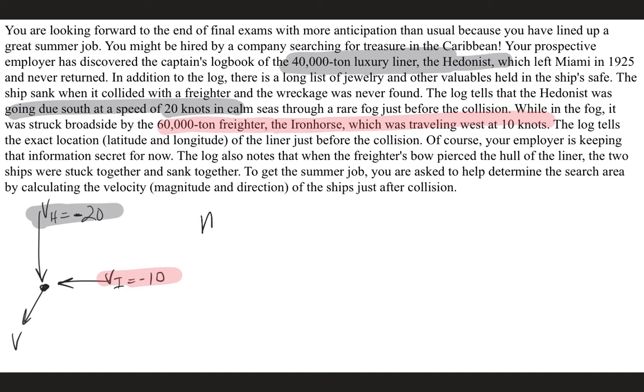I'm going to have the mass of the hedonist plus its velocity. Whoops. Can't add mass and velocity. Mass times velocity of the one plus the mass times velocity of the other is going to equal their combined mass, which I'll just write as big M again, and their final velocity. This has to be true. This is conservation of momentum.